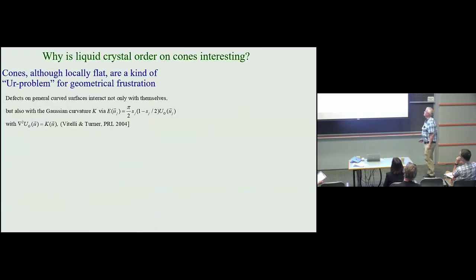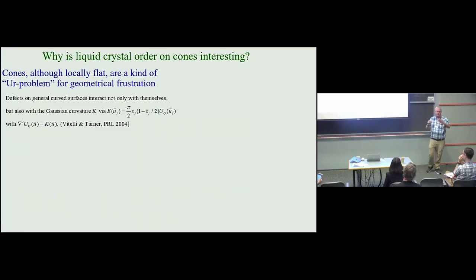And let me go forward and try to tell you why I think liquid crystal order on cones is interesting. It's a kind of Green's function problem, because as Vincenzo and Ari Turner showed when they were still graduate students, defects on a general surface interact not only with themselves, but also with the Gaussian curvature, which you can think of as a kind of topological charge.